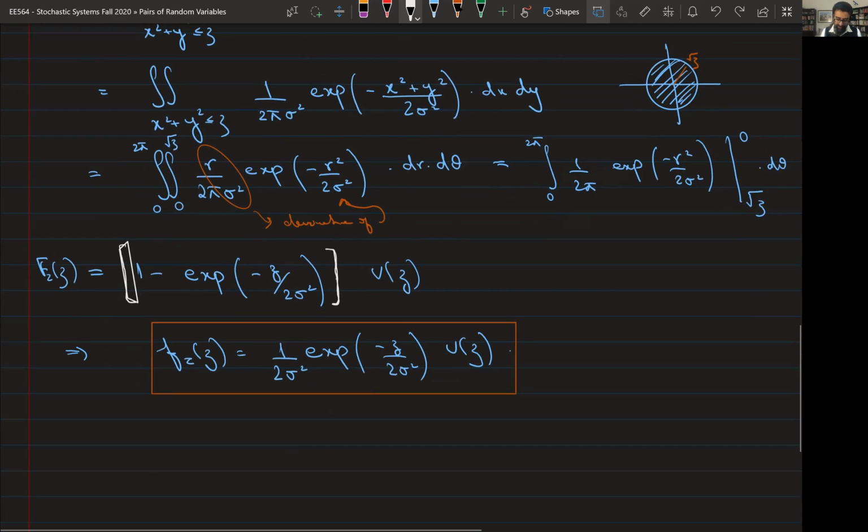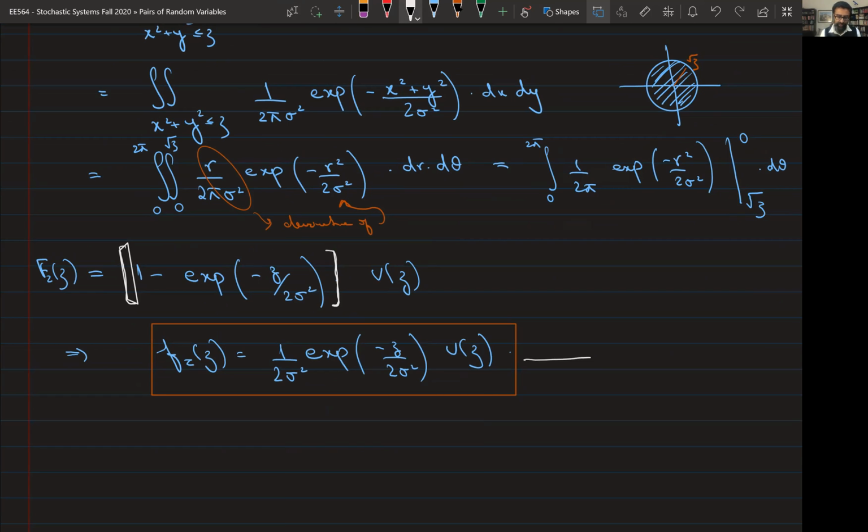This is the exponential distribution that we found. And the way we went about this was through conversion to polar coordinates.